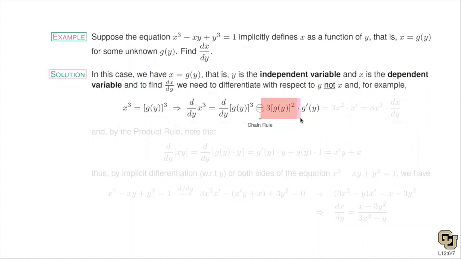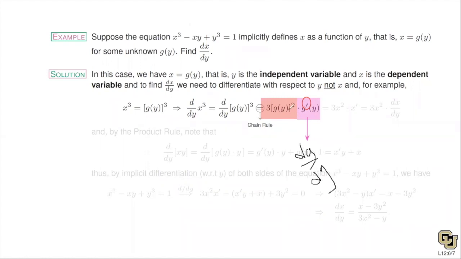The inside function is g of y, and the derivative of the inside is g prime of y. Now be very careful. When I say g prime of y, I mean dg dy. The derivative we've taken is with respect to y, not x. So here, g prime is actually dg dy.